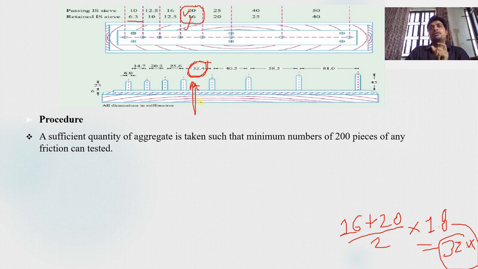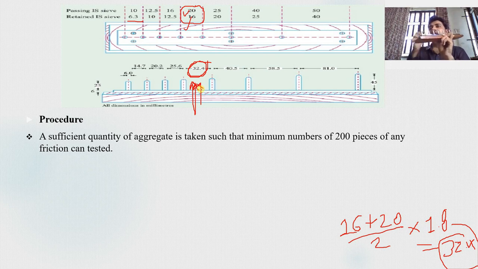Aggregate will pass if its length is less than 32.4 mm, or will be retained if its length is greater than 32.4 mm. Clear? So I have to pass the aggregate through this portion, 16 mm retained and 20 mm passing.